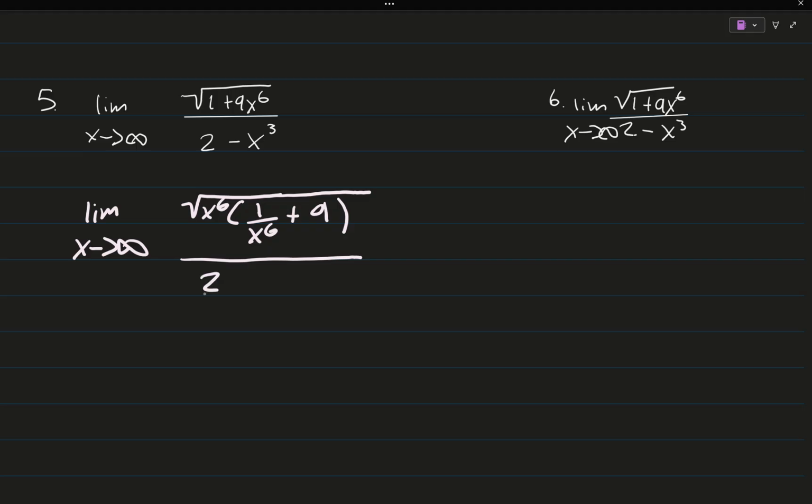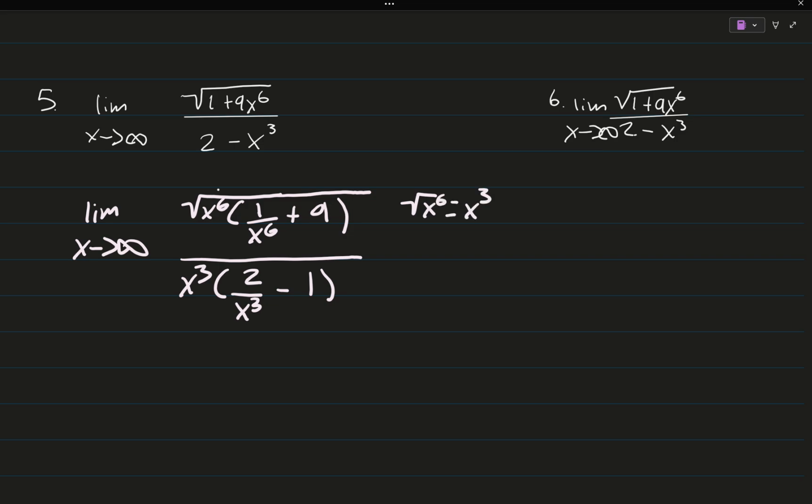Actually, I can also take out the highest degree here, which is x to the power of 3, from the 2 over x to the power of 3 minus 1. Okay, from here I can actually take out the square root of x to the power of 3.